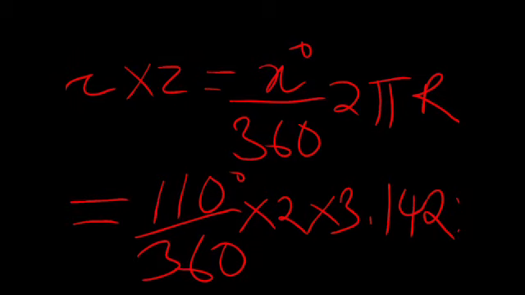Let's now calculate that on a calculator. 110 times 2 times 3.142 times 3,437 nautical miles, divided by 360.